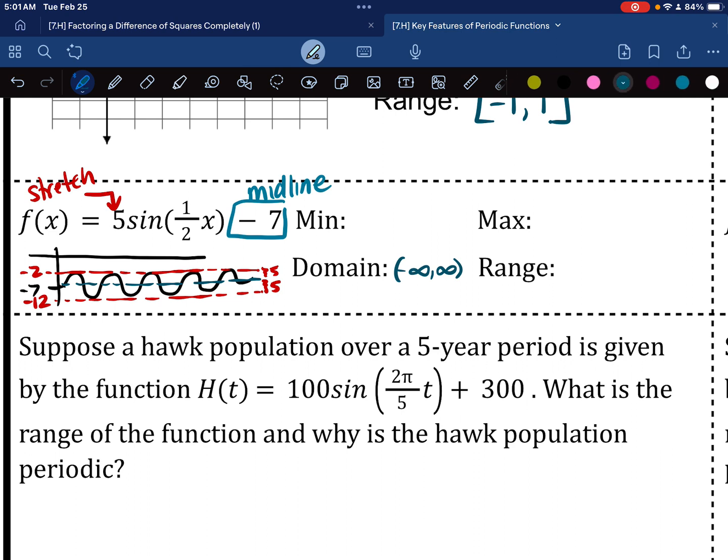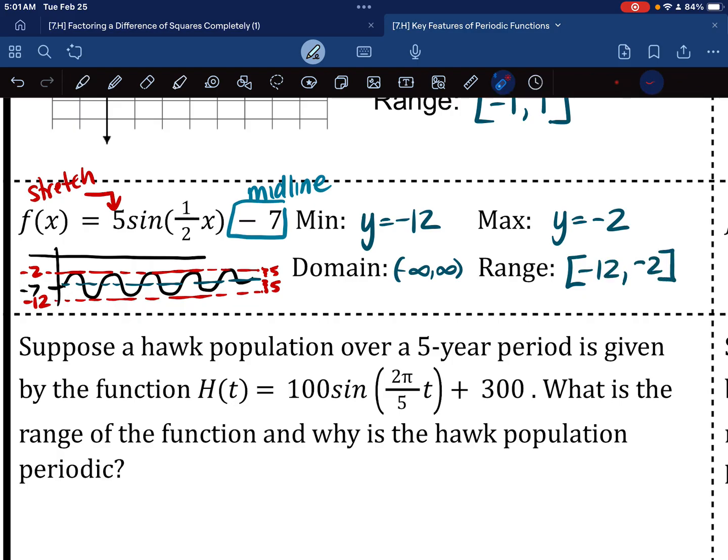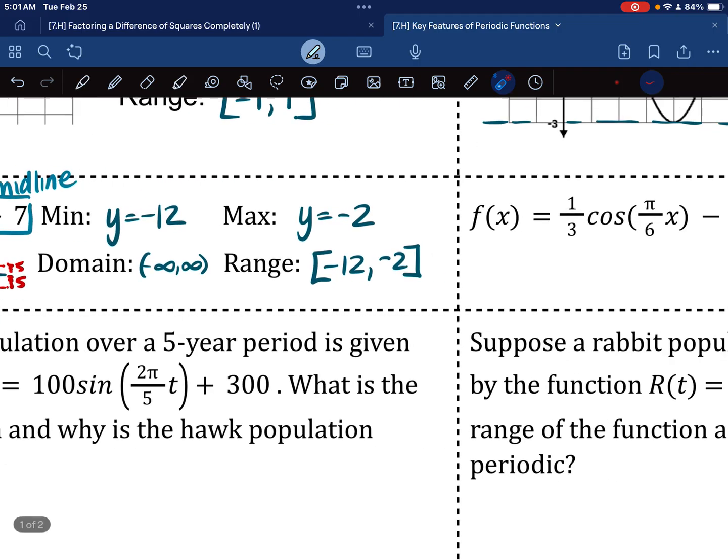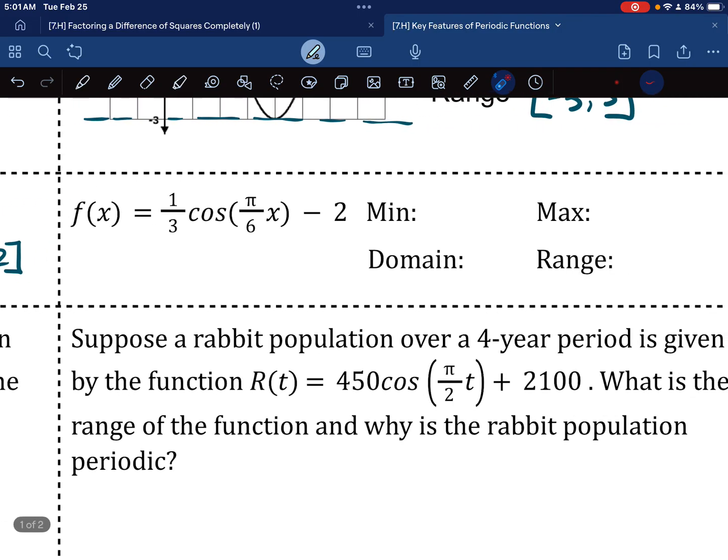So my new minimum is -12, and my new maximum is -2. So my range is now from -12 to -2. And again, that came from shifting down your midline, and then you use your amplitude to figure out how far up, how far down. Let's do it again, okay?